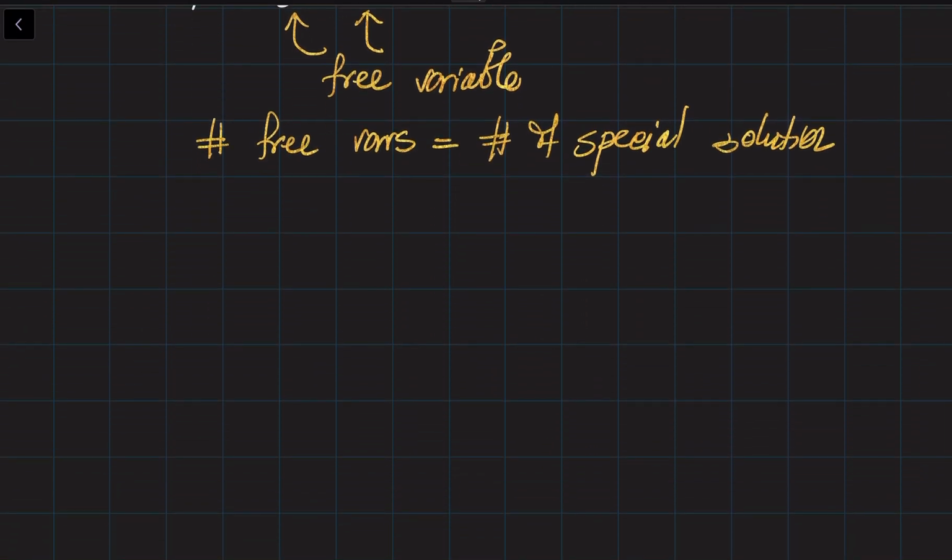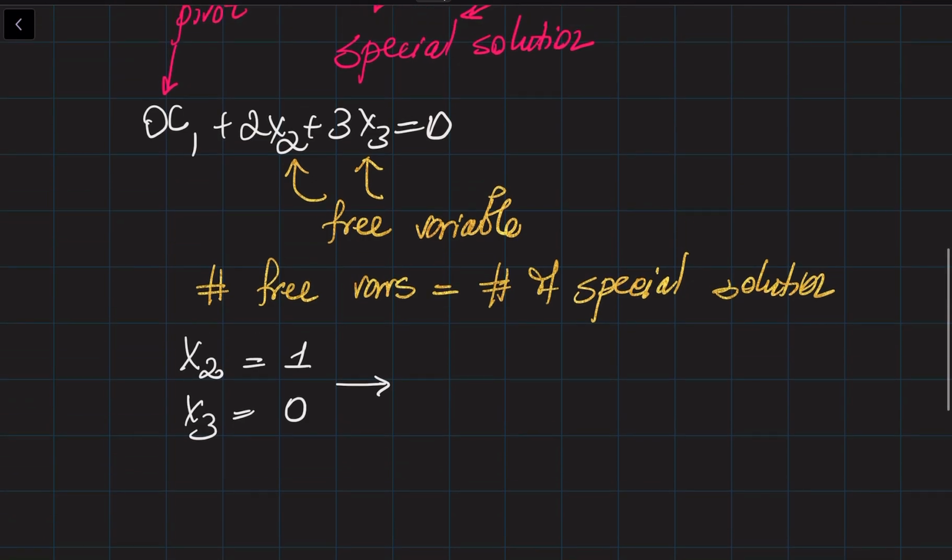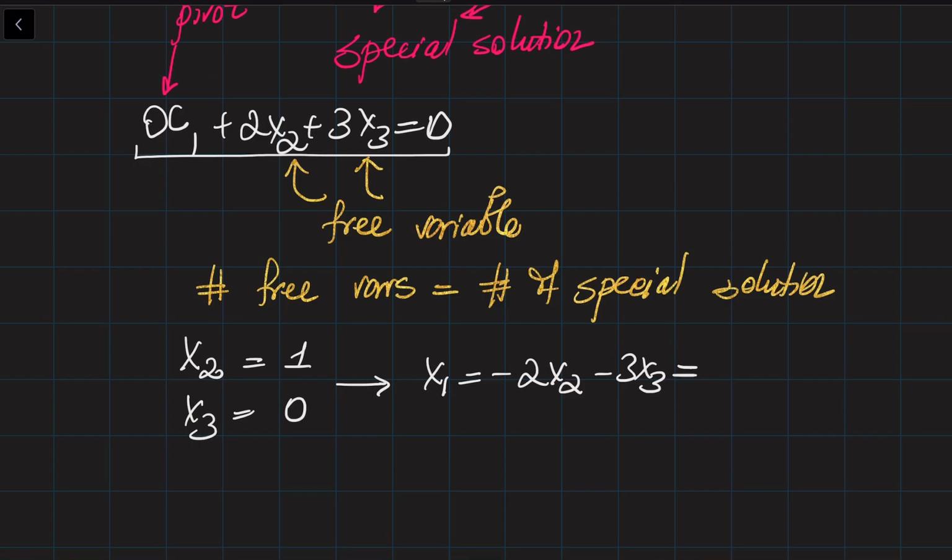I'm just going to assign x2 and x3 to be equal to 1 and 0. If I substitute this into the equation given here, I can find x1 from here, right? So x1 is equal to minus 2x2 minus 3x3, which is equal to minus 2, right?